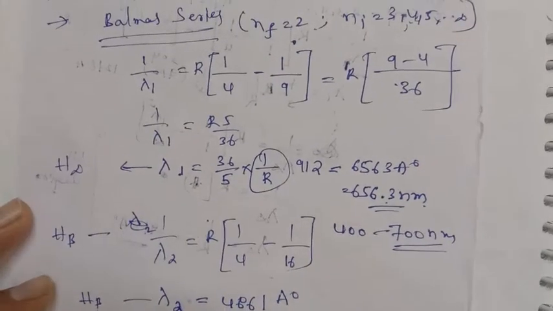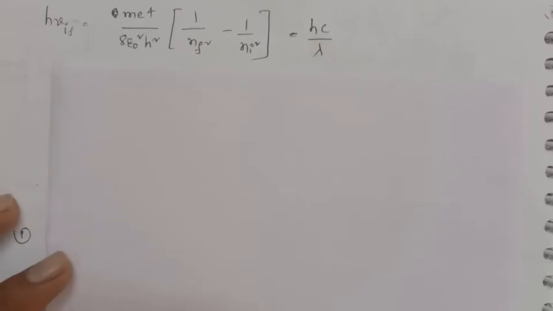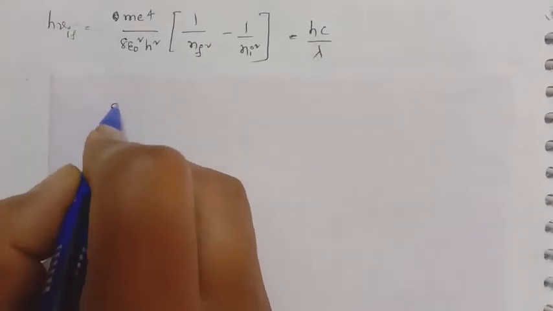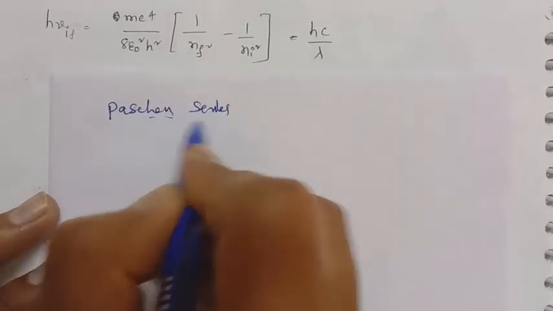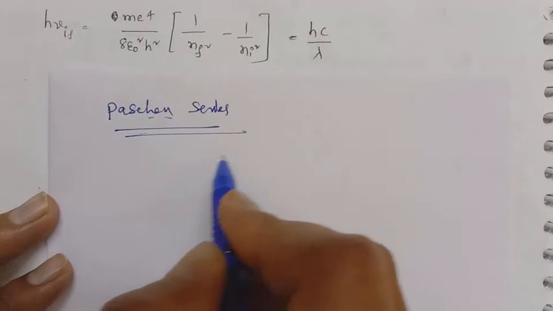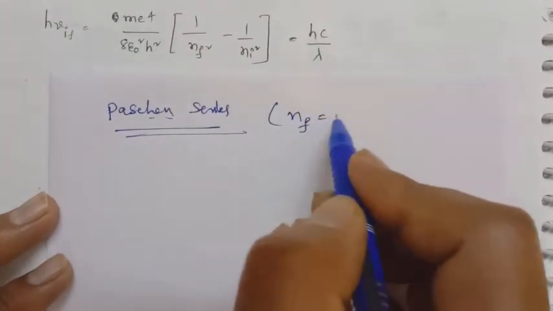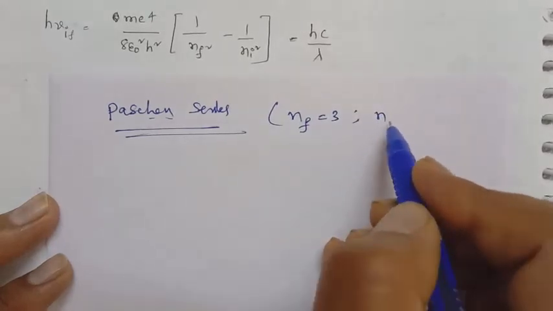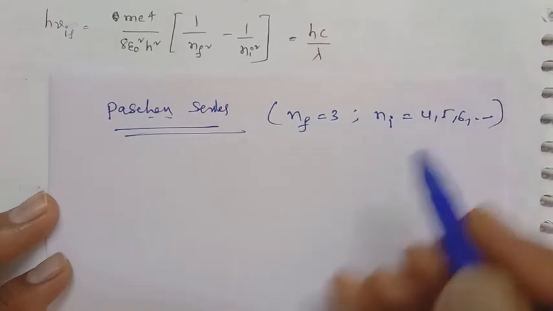The next series is called the Paschen series. At that time the final energy state is equal to 3 and Ni is equal to 4, 5, 6 and so on.